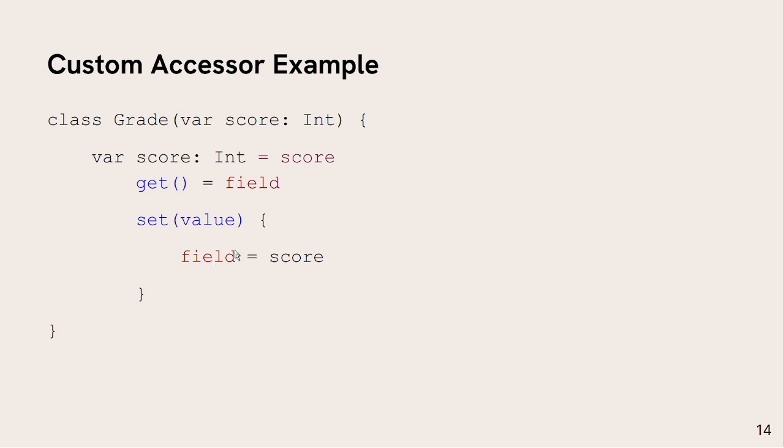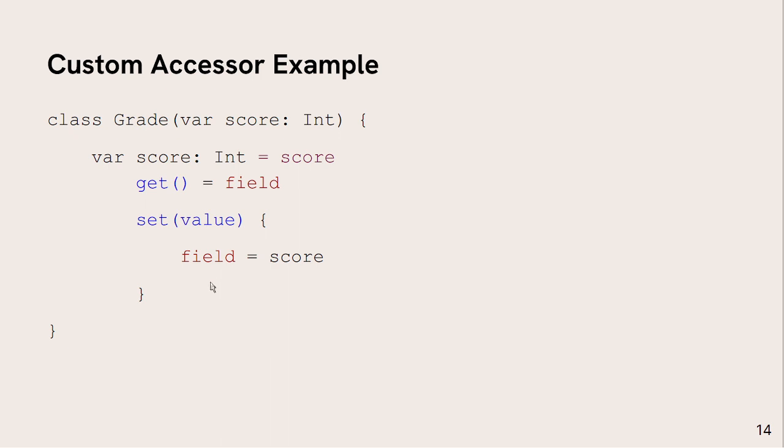The reason we need to use the keyword field is that if we use score here, from the viewpoint of the setter, score refers to the property. That means we assign the value to score, and then when assigning the value to score, the setter will be invoked again.